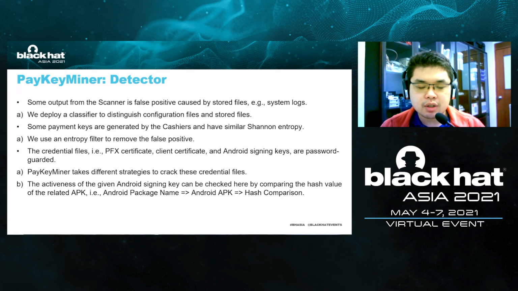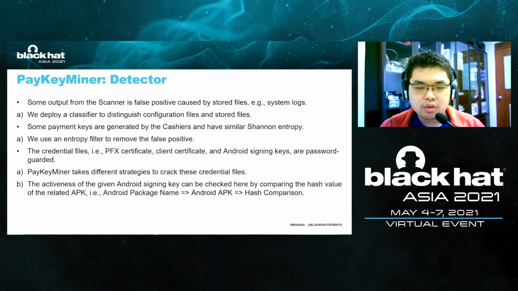Also, some payment keys are generated by the cashier, and these keys may have similar channel entropy, so we use an entropy filter to remove the false positives. On the other hand, the credential files, such as client certificates in Cashier 2 and the Android signing keys, are password protected, and we use different strategies to crack them locally.